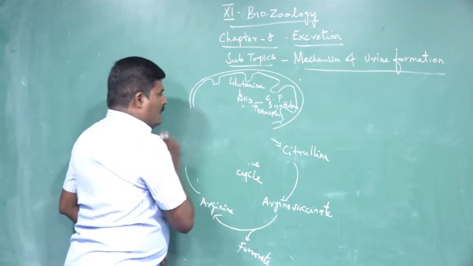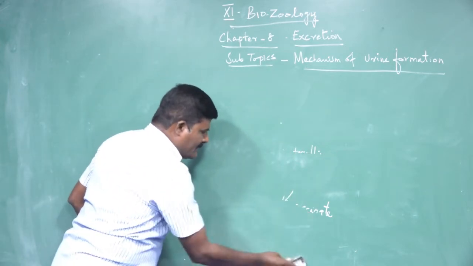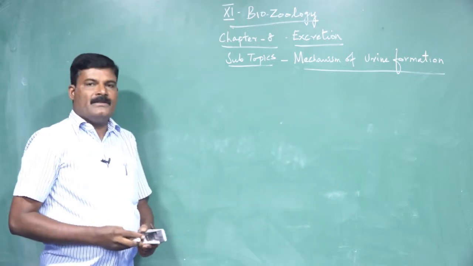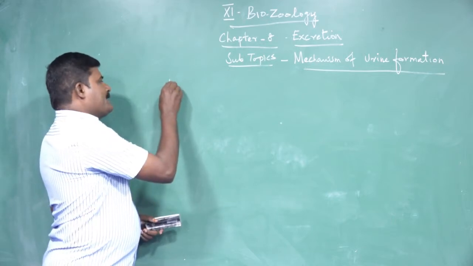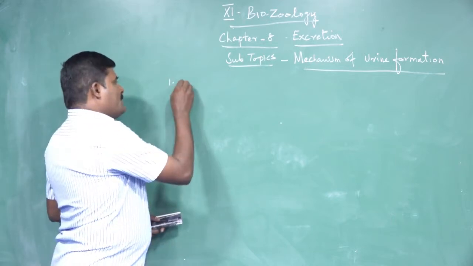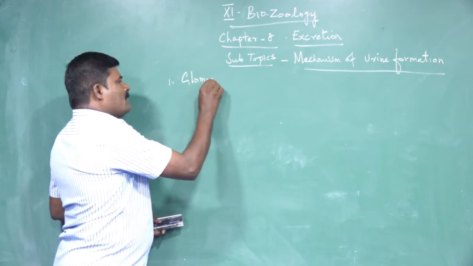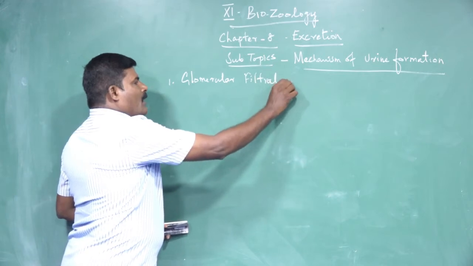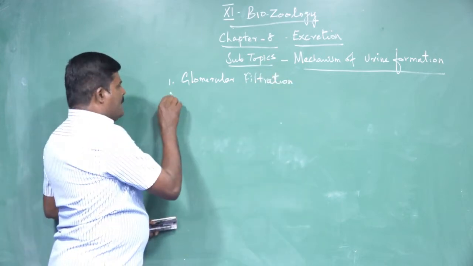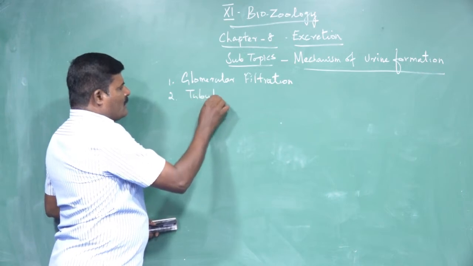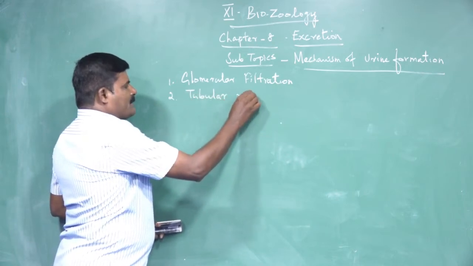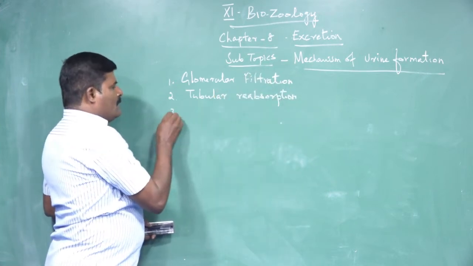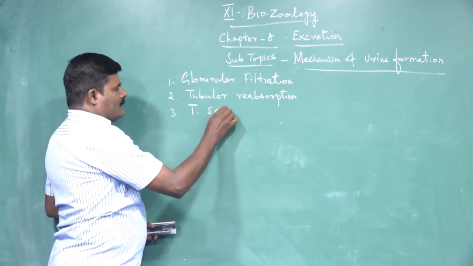Okay. Next, come to the process of urine formation. The mechanism of urine formation involves three processes. One is glomerular filtration, the second is tubular reabsorption, and the third is tubular secretion.